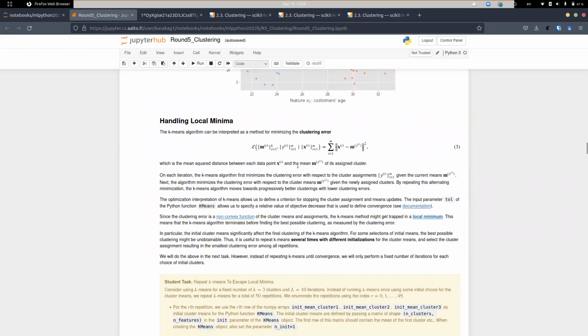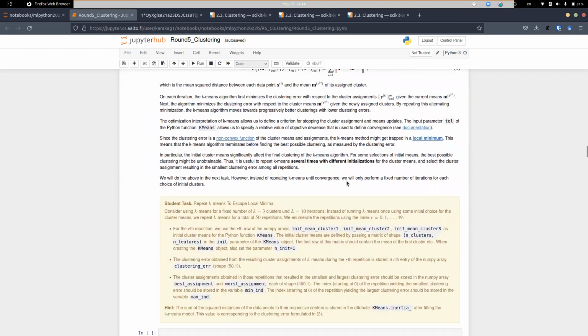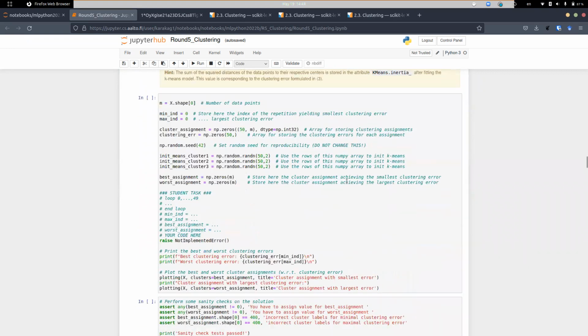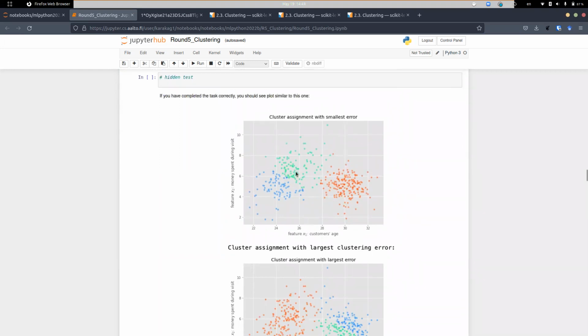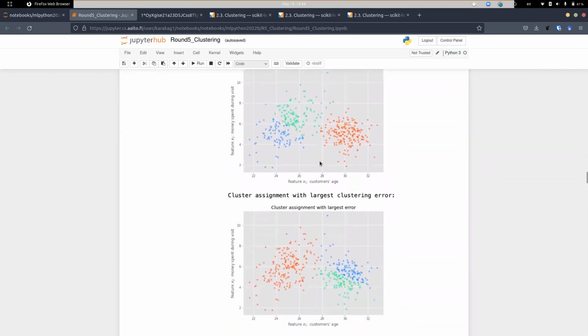Then there is this way to handle local minima instead of global optimal solutions. We have already discussed that. You need to implement it and get an output like this. Here the smallest error is this assignment, while the largest error is this assignment, which makes sense even to the human eye, because this separation of two clusters is not so intuitive.